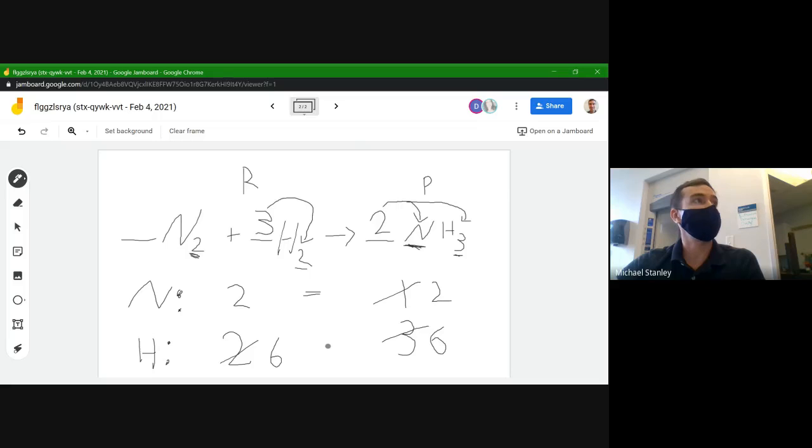So now these are also equal to each other. So we know we have a totally balanced chemical equation: 2 N's and 6 H's on each side. So our final equation is N2 plus 3H2 produces 2NH3.